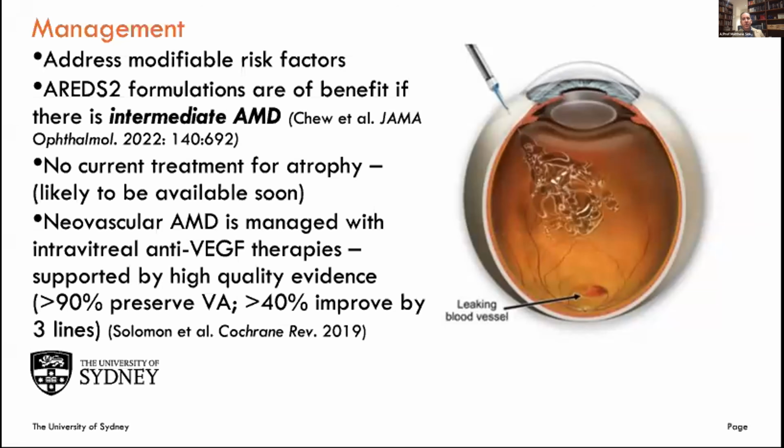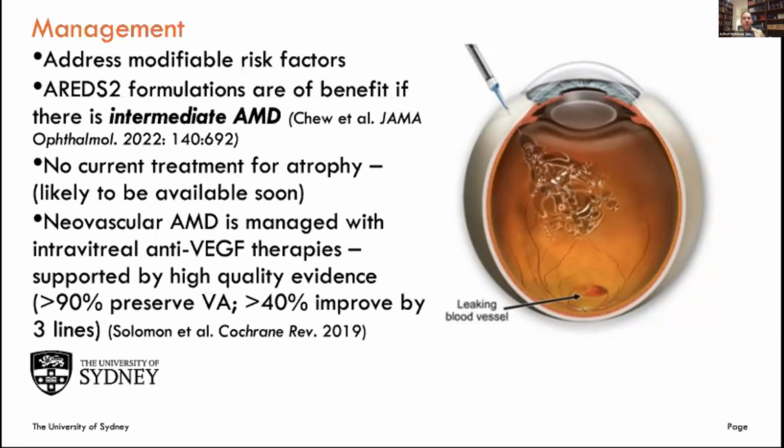In terms of management of AMD, this depends upon its stage. Prior to the development of AMD, we can attempt to address modifiable risk factors. For example, we may recommend smoking cessation, which we do in general for all patients. Patients who have intermediate AMD or who have neovascular or wet AMD in one eye but not the other benefit from taking a so-called AREDS 2 formulation.